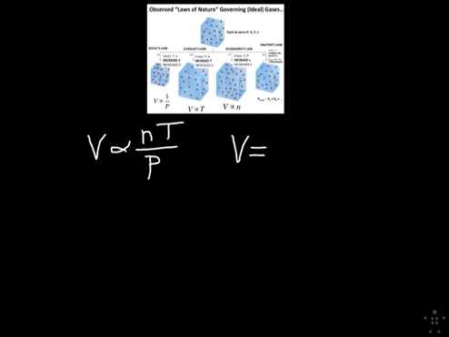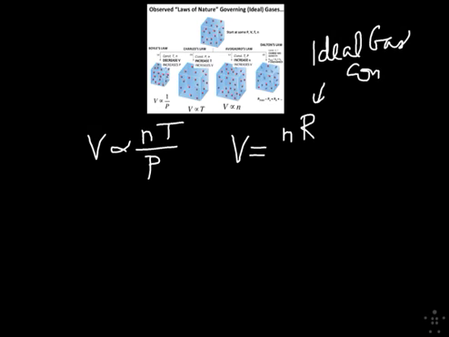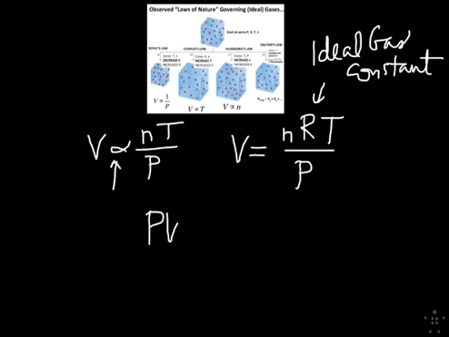So we can put some number in there, and I'm going to write it in the form that we're used to. We'll put R, which is going to be our ideal gas constant, and that allows us to take it from a proportionality to an actual equality. So V equals nRT over P, and of course we can rearrange this into the form that we're most used to seeing, PV equals nRT, and that's where it comes from.